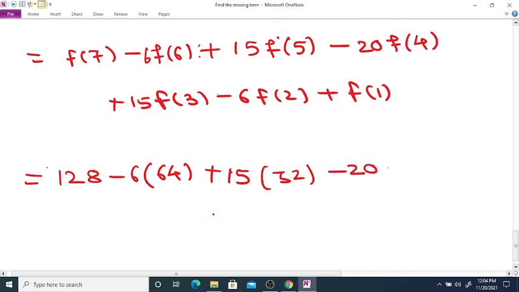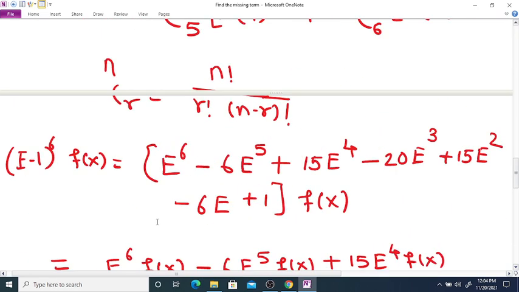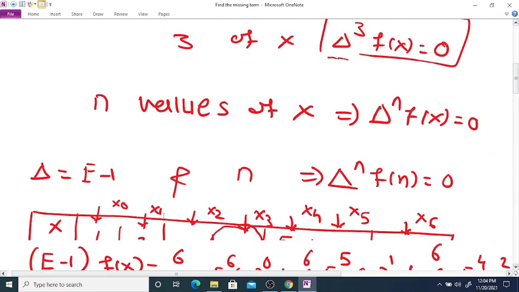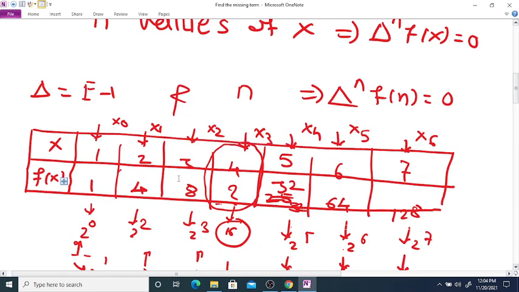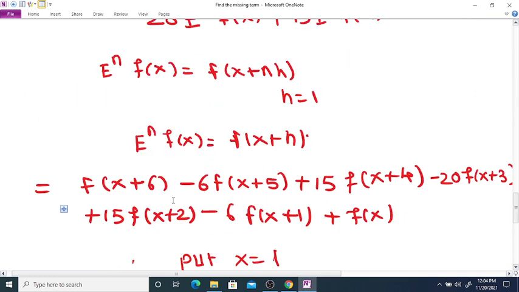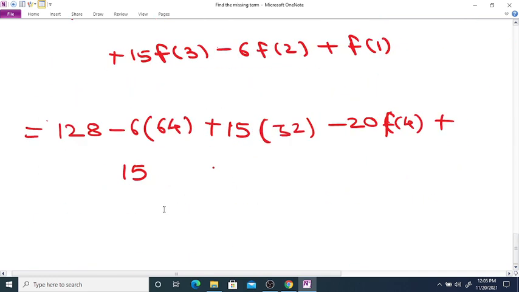Next, minus 20 into f of 4. We want to determine the value of f of 4, so f of 4 is the missing term. Then 15 into f of 3. From the table, f of 3 is 8, minus 6 times f of 2, which is 4, and f of 1.